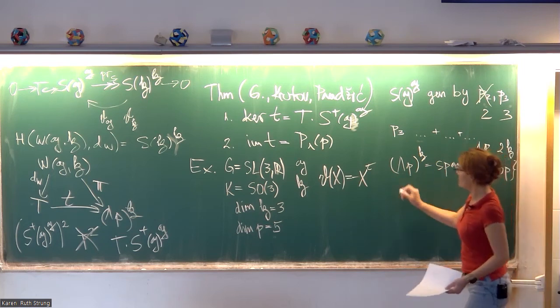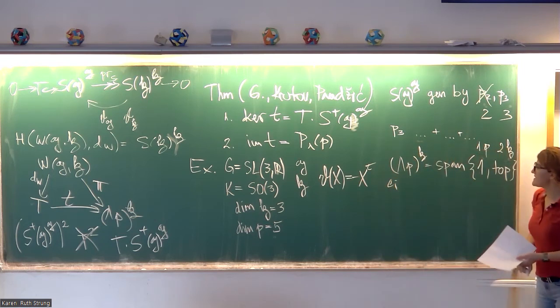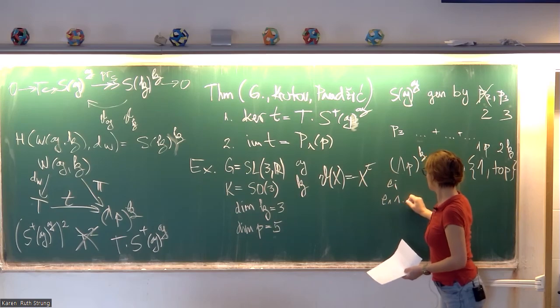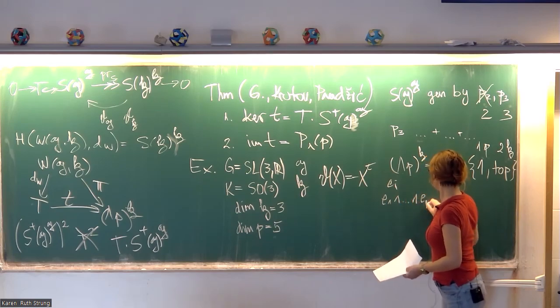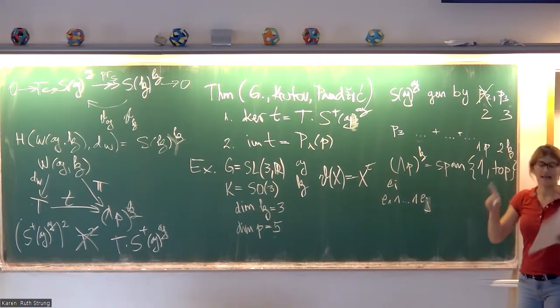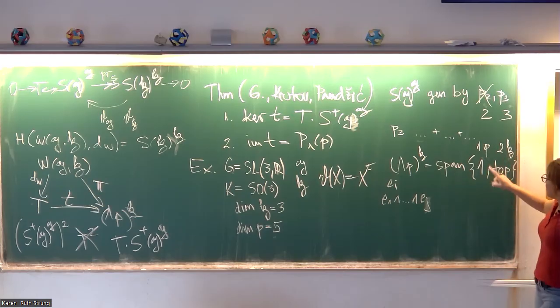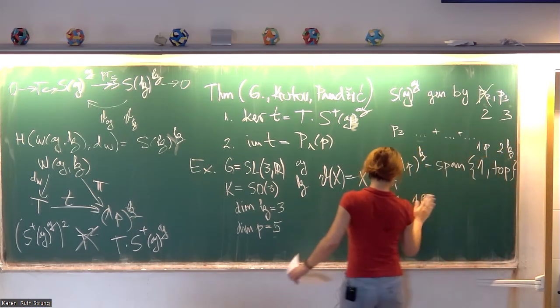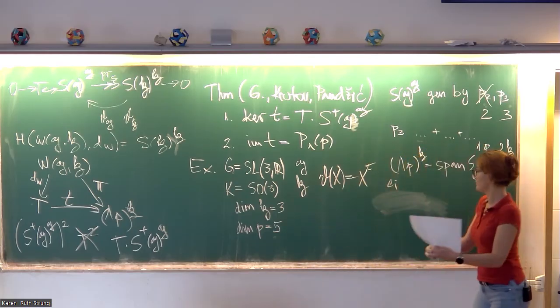Well, you take some basis for P, let's denote it by e_i, and take the wedge product of all of them. And that, yes, that's what I promised to say, is why it is important here that P is odd dimensional.